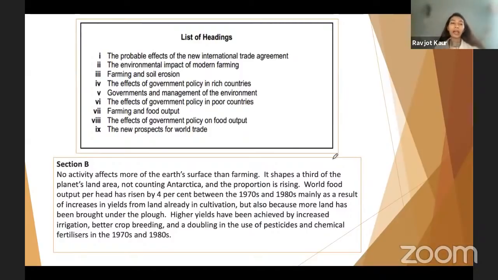All right, let's discuss paragraph B now. So what is the main idea of this paragraph? You have to tell me this first. What is the main idea of this paragraph? Okay, before you give the answer, I need the main idea of this paragraph. What do you think this paragraph talks about? Can you give me the important words from the paragraph?